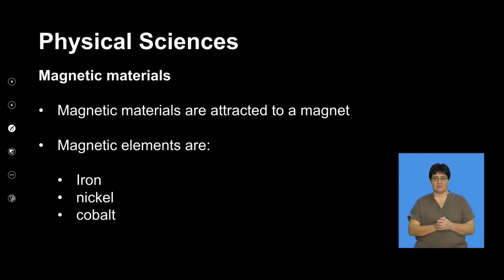A magnetic material is one that can be acted upon by a magnetic force in a magnetic field. We'll talk to that in more detail. So sometimes we call iron, nickel, and cobalt the ferromagnetic elements, right?